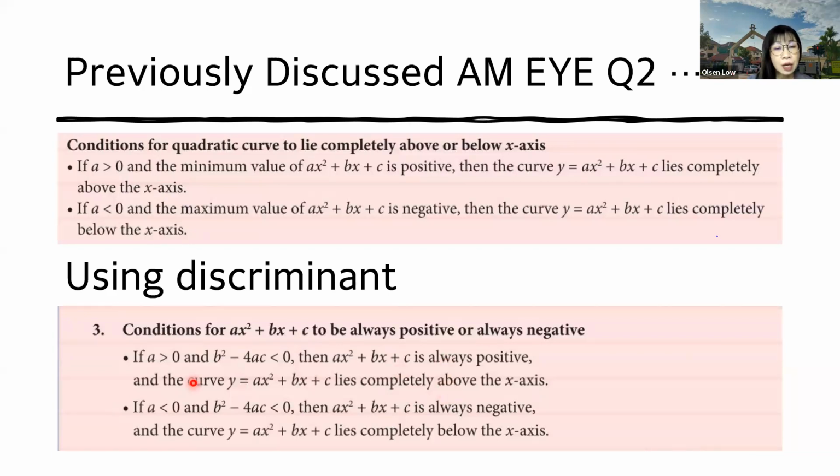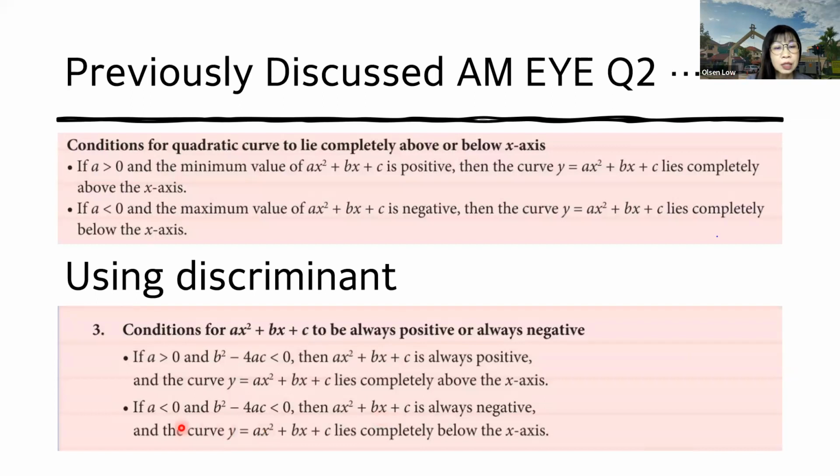In such a case, a, which is the coefficient of x squared, has to be greater than 0. And because the curve does not cut the x-axis, the discriminant must be less than 0. Likewise, if the curve lies completely below the x-axis, then the curve is always negative.